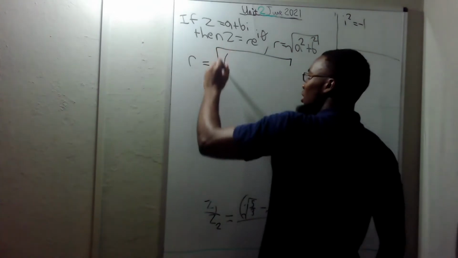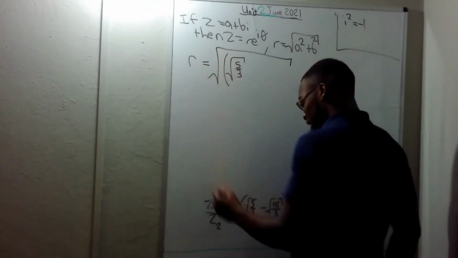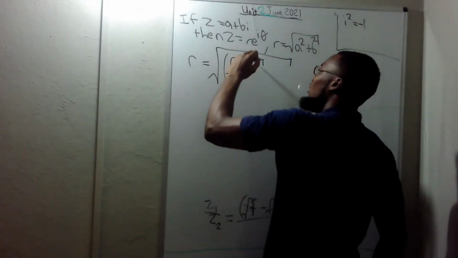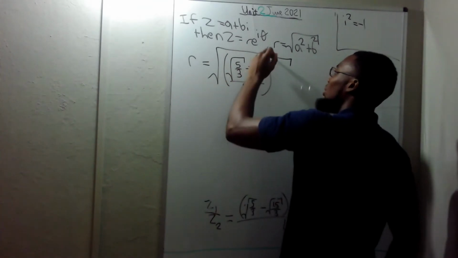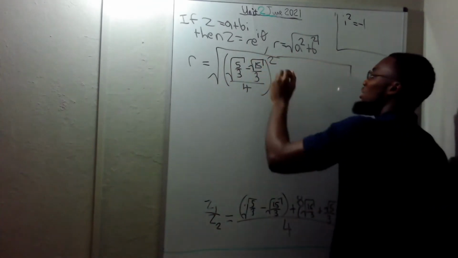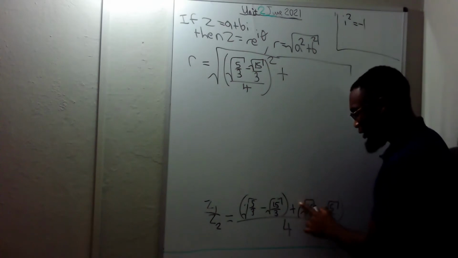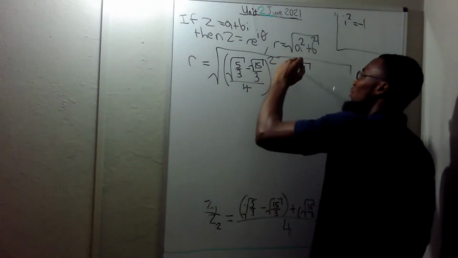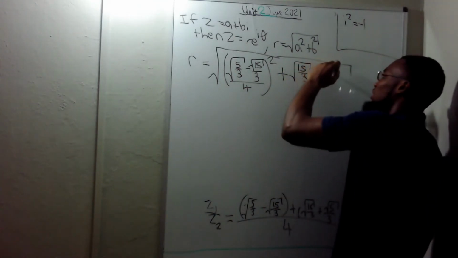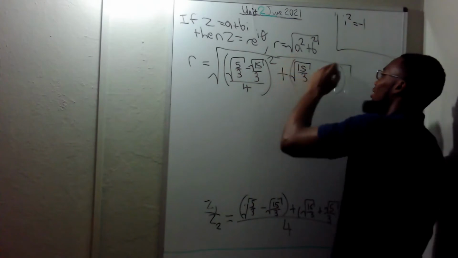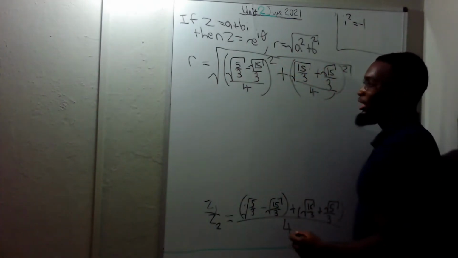So it's going to be the square root of (5 over 3 minus the root of 15 over 3) over 4, all of that squared, plus the imaginary part, the root of 15 over 3 plus the root of 15 over 3... squared, and remember it's all over 4. Whew, a lot of work.